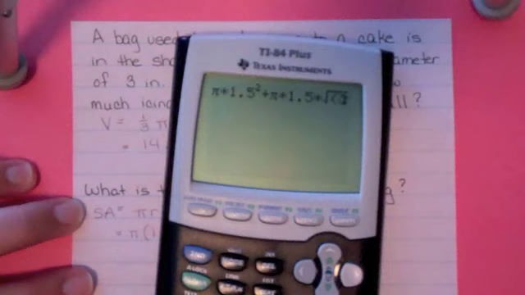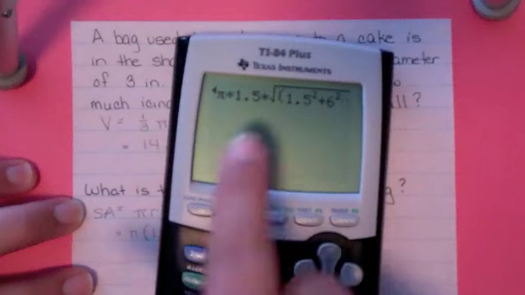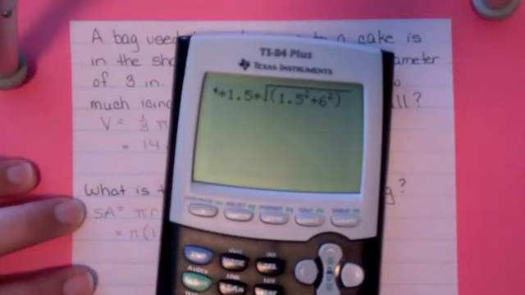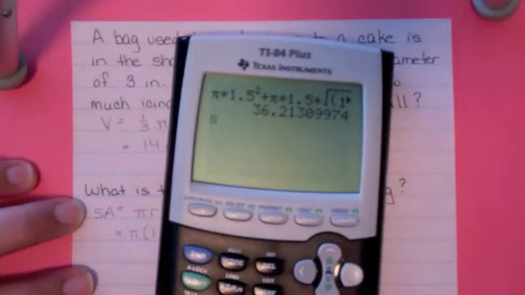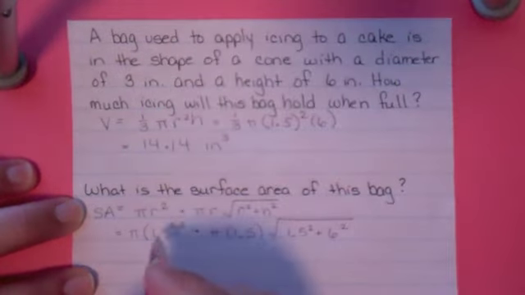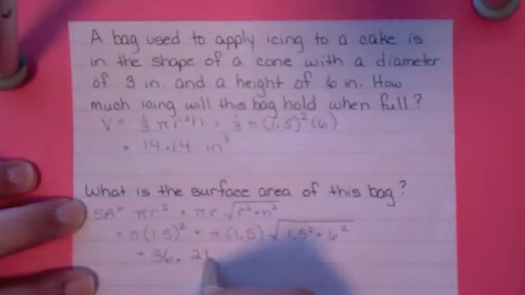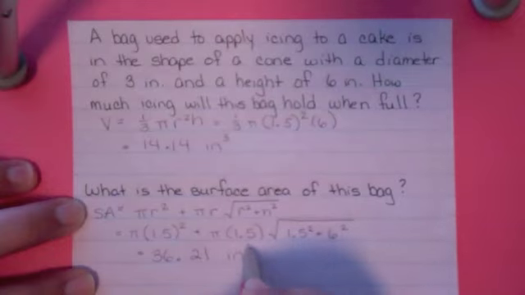I want to take the square root of 1.5 squared plus 6 squared. And notice when I opened the square root, it opened a parentheses. So now I'm going to close my parentheses and hit enter. And I see that I get 36.21. Surface area, so I'm looking at square inches.